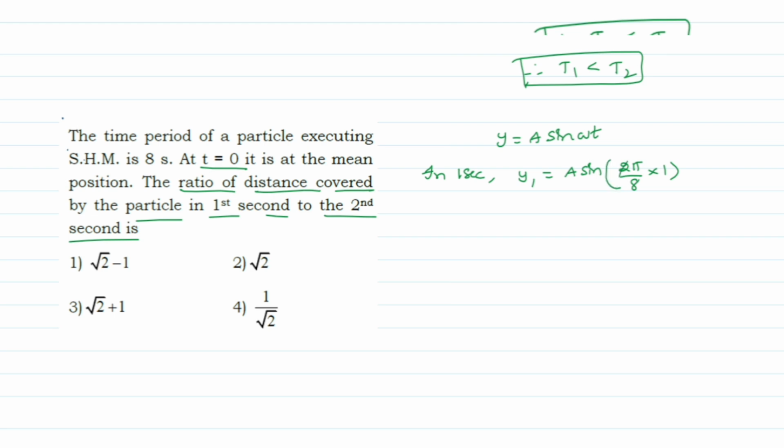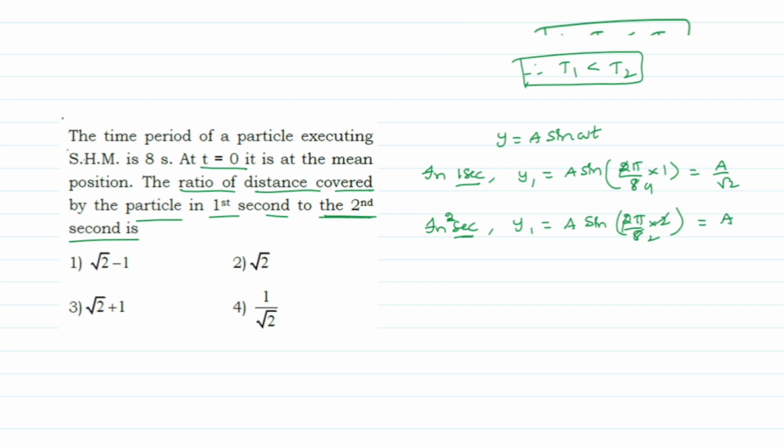That is a sin 45 degrees, which is 1 by root 2, so y1 is a by root 2. Then in 2 seconds, the displacement is a sin of 2 pi by 8 into 2, which is a sin 90 degrees, nothing but a.